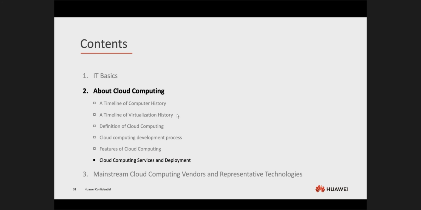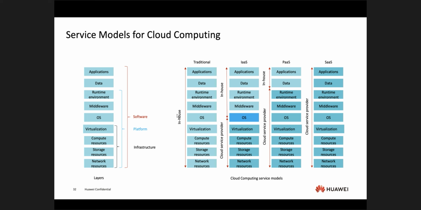All right. And now let's look at cloud computing services and deployment. This is where I showed you earlier that you have infrastructure as a service, platform as a service, and software as a service. When you look at these models, infrastructure covers basically everything, right?